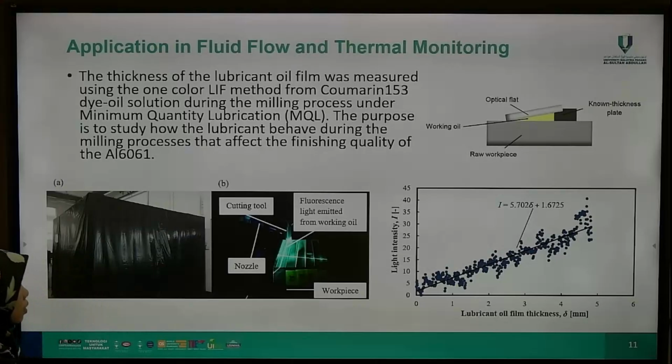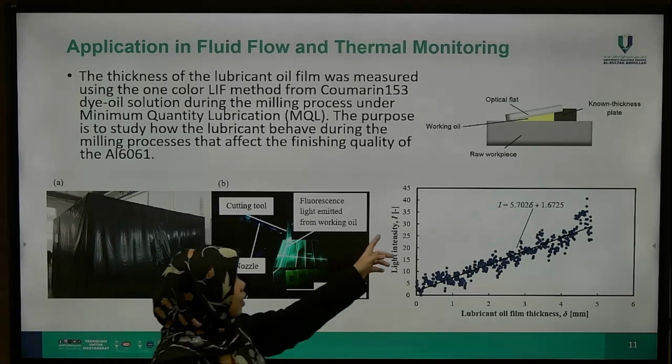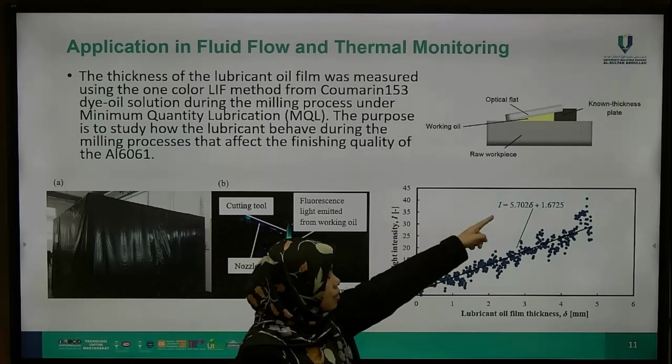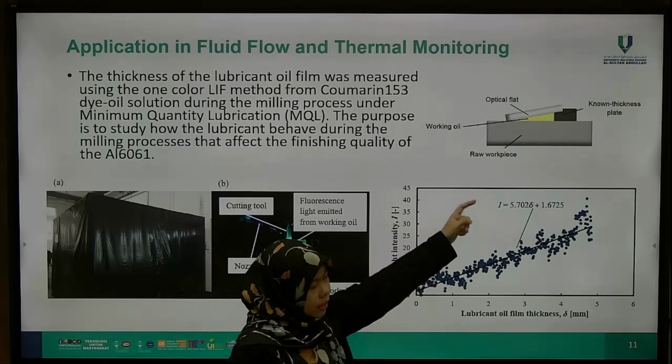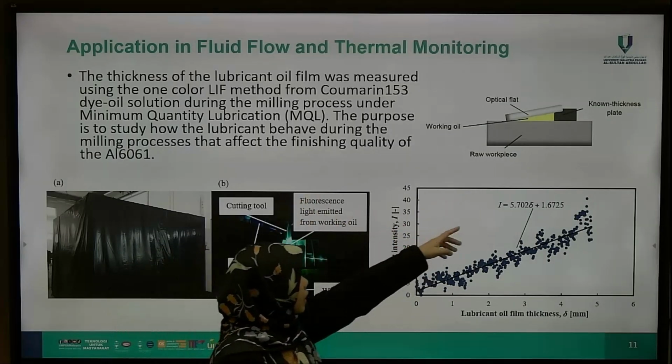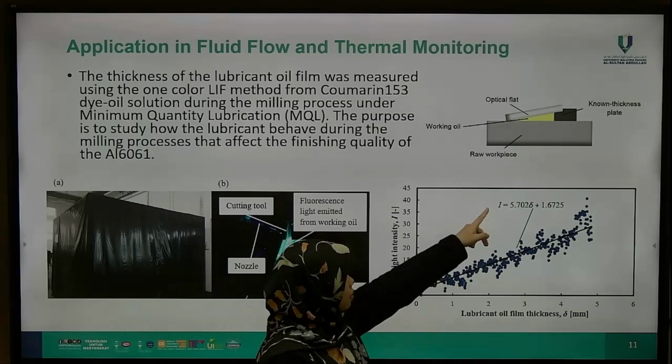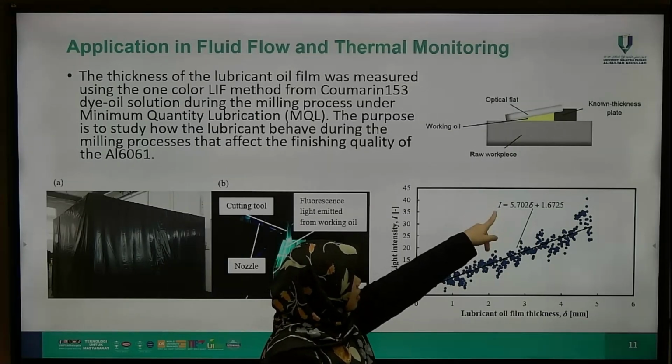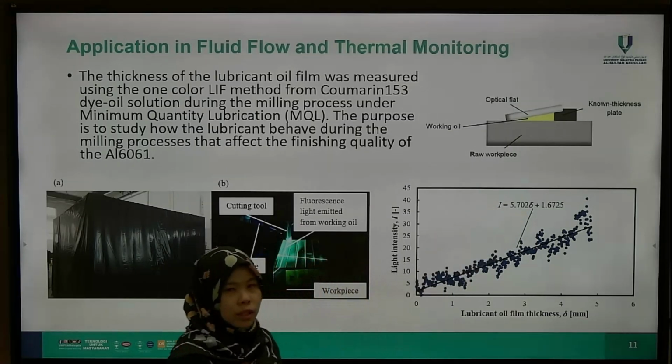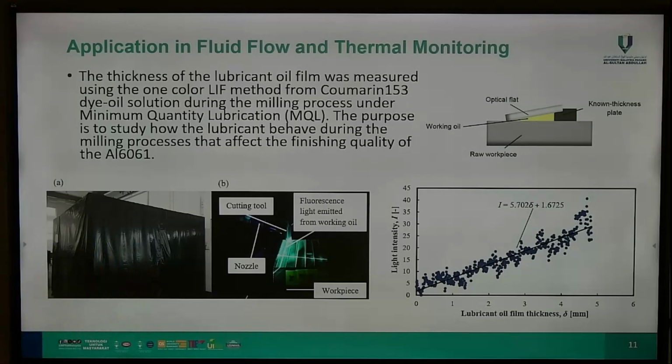For this coumarin 153, the trend is that larger thickness gives larger intensity. So you will get what we call a linear equation. By the linear equation, once you run the experiment, you read the intensity, then you will get the thickness of the oil layer.